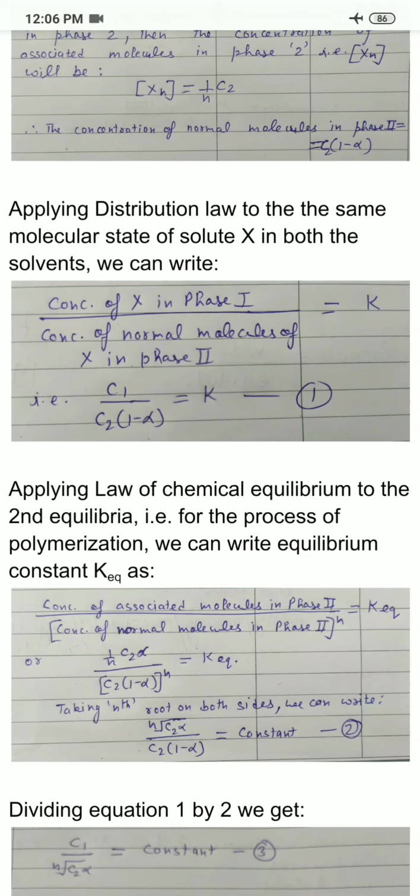Because in phase 2 X is present in normal state as well as in combined state. So here I am saying that distribution law is applicable to the same molecular state in both the phases. So I am considering normal molecules in phase 1 and phase 2. So I have written here the expression in blue: concentration of X in phase 1 upon concentration of normal molecules of X in phase 2 is equal to K, where K is the partition coefficient. You already know it.